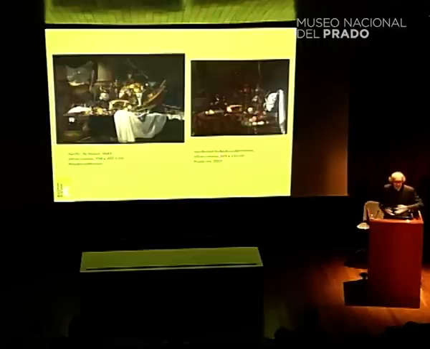Those large still lifes that de Heem did were also very influential, and everybody loved them. So there were also artists working around de Heem who started to do the same sort of things. The painting on the right is in the collection of the Prado.